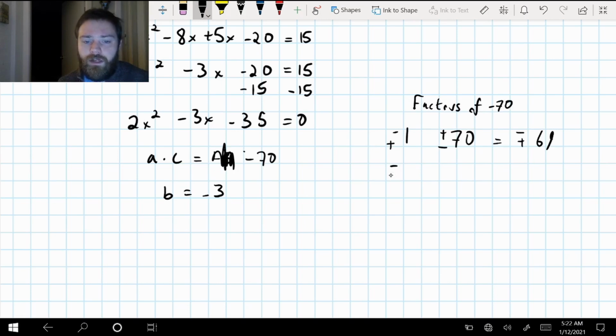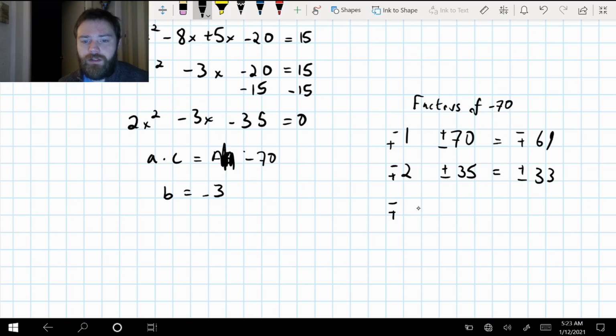And then negative, positive 2 and positive, negative 35 is going to equal positive 33 and negative 33. And then, let's see, it's not divisible by 3. Not sure about 4. But I know it's divisible by 5, okay? So I'm going to try 5.